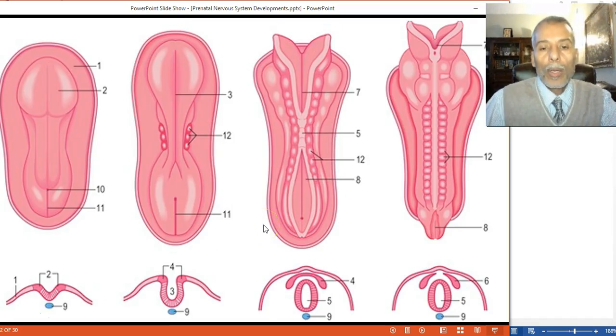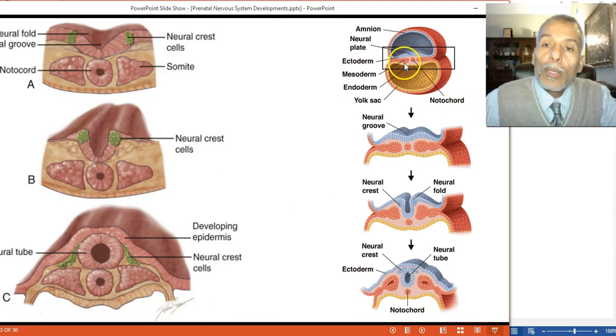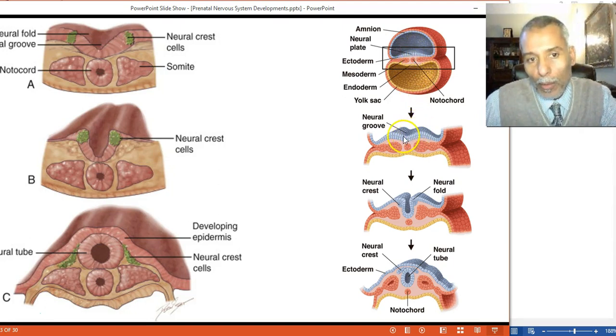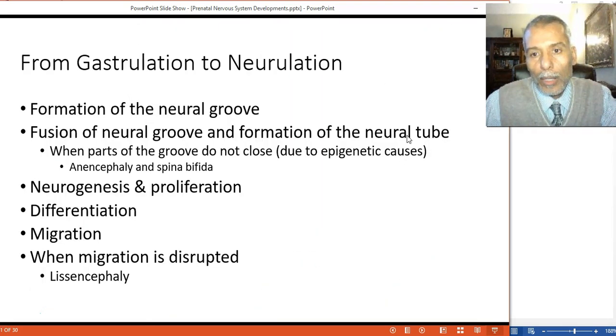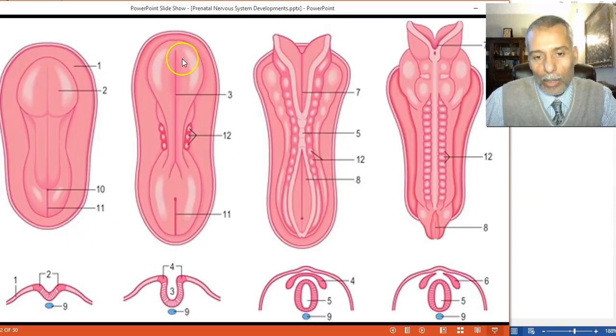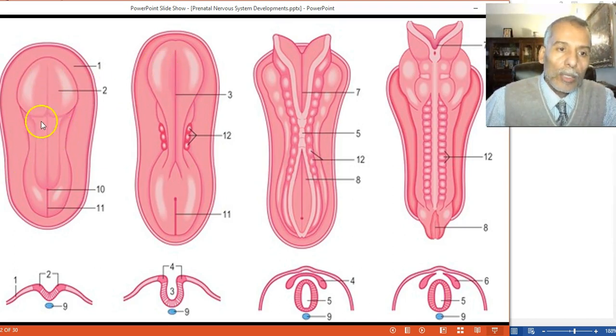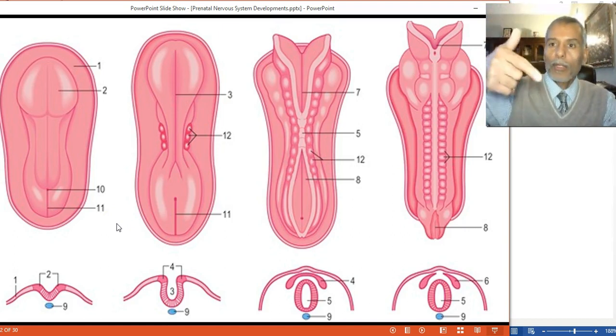So at this point in time, when there are three layers of cells, on top of the cell, let's go back here, on top of the cell, you're going to have a groove, like some kind of a plate that is going to develop on the back. Here is another view, from the top, and you can see there's a furrow in the middle, and it goes from front to back of the cell.